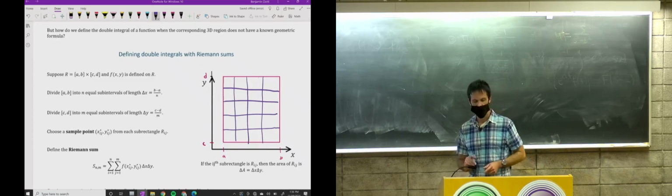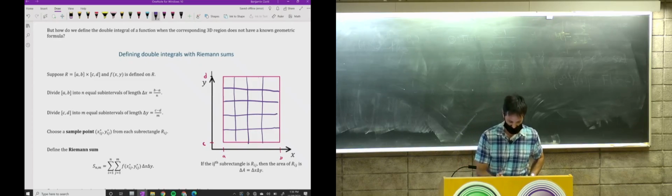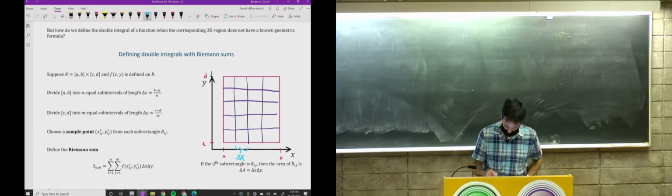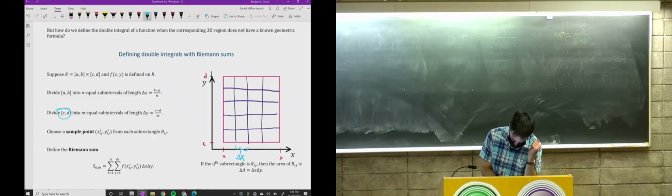Okay, so let's say I split AB into n equal subintervals. Each one then would be of width delta x. Let's say I chopped CD into m equal subintervals, and let's call the width of each of those delta y.